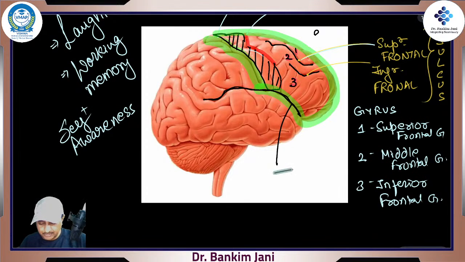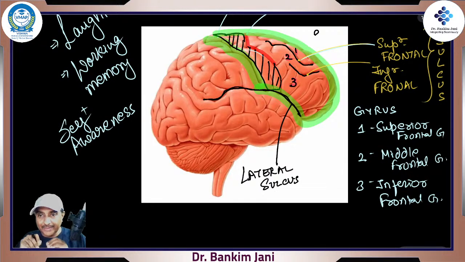This lateral sulcus has two rami, two branches. Ramus means branch. One branch is going up, and one branch is going anteriorly. So 1 and 2.